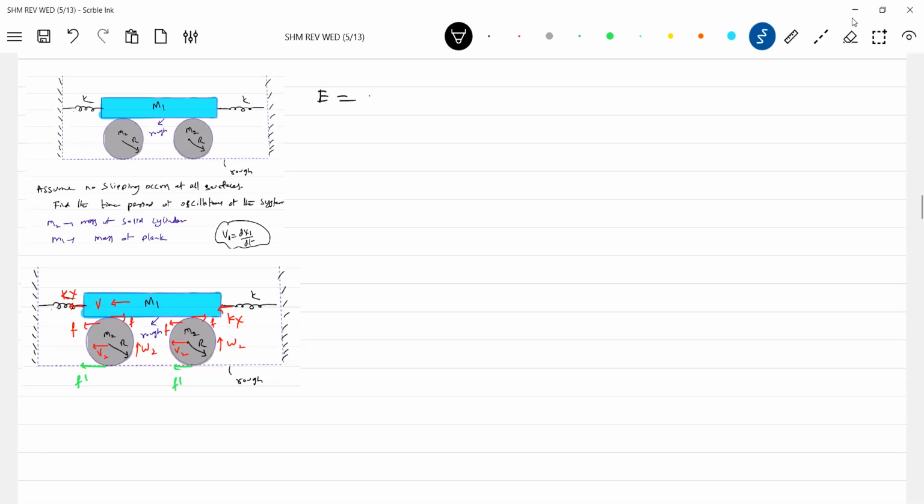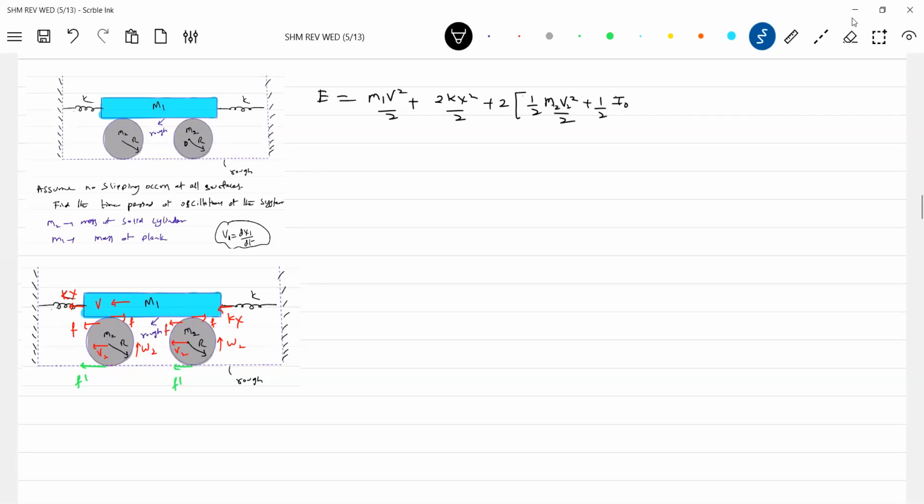E equal to m1 v square by 2 plus the 2 springs compressed, 2kx square by 2, plus translational kinetic energy of m2 v2 square by 2, plus rotational kinetic energy I naught.